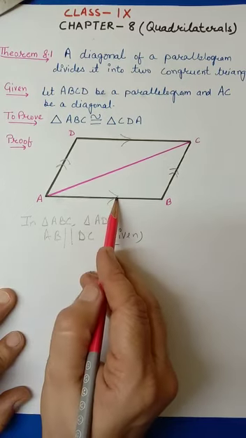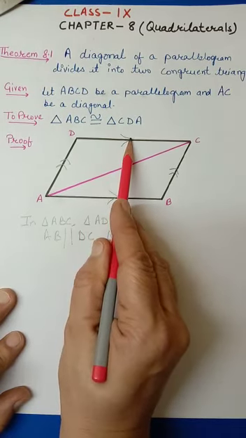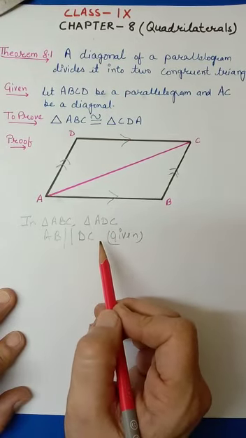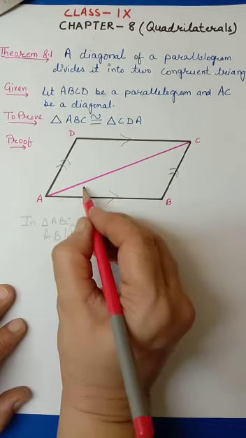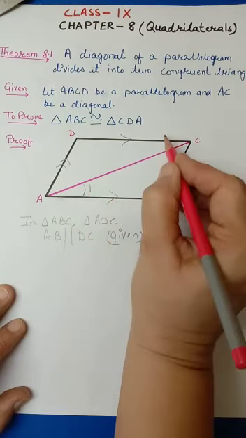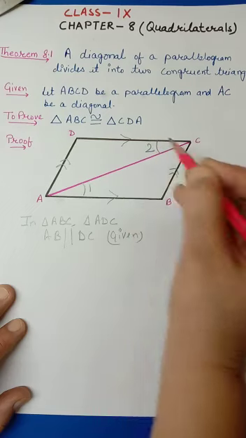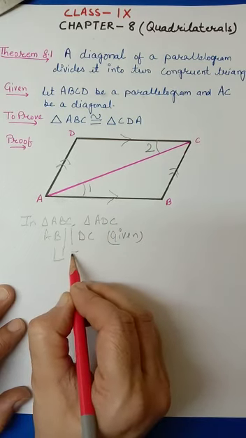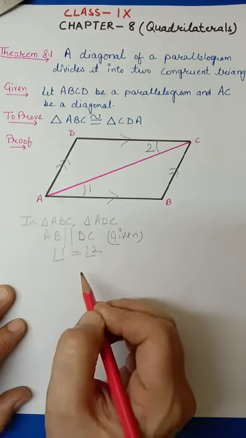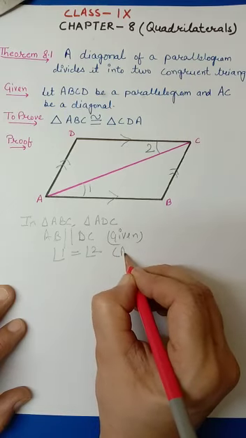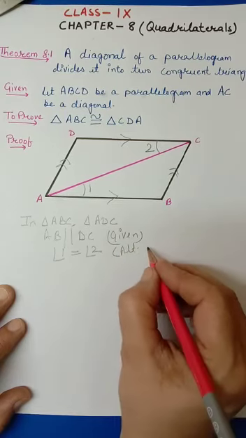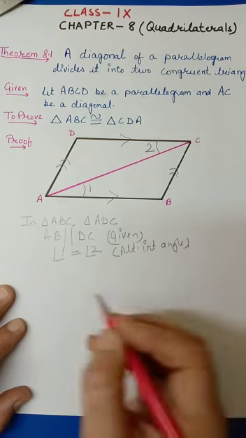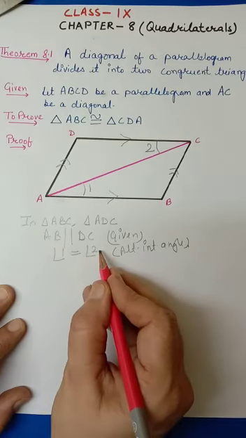Now if AB is parallel to CD, according to the alternate interior angle property, angle 1 is equal to angle 2.